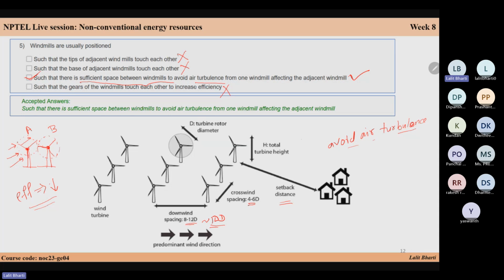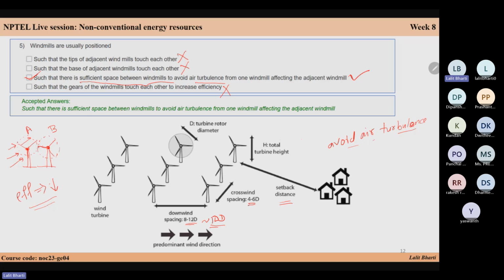So clearly, options 1, 2, and 4 will not be entertained, because the tips should not touch. If you have this kind of structure, your tips are very close.